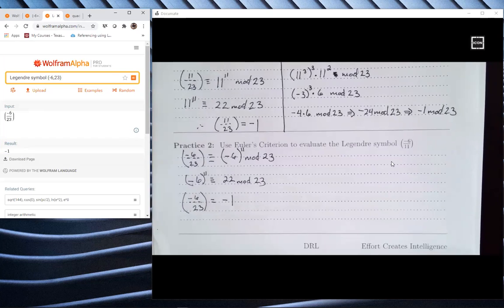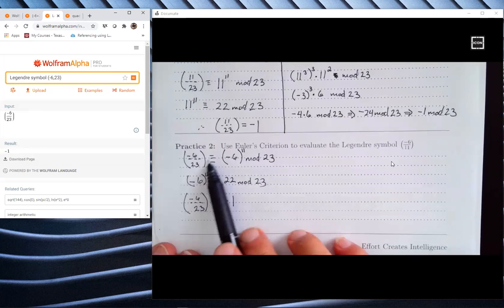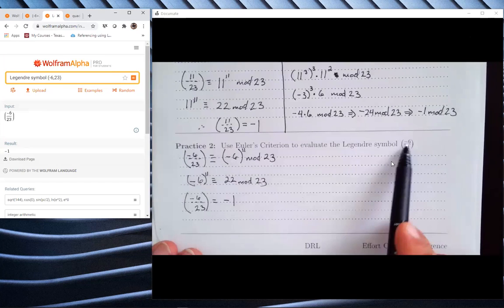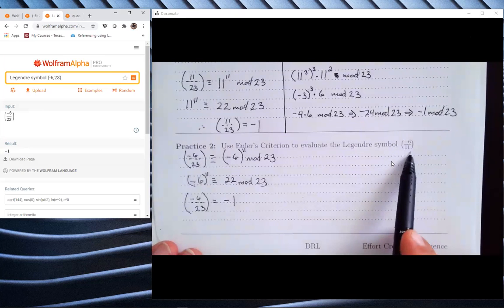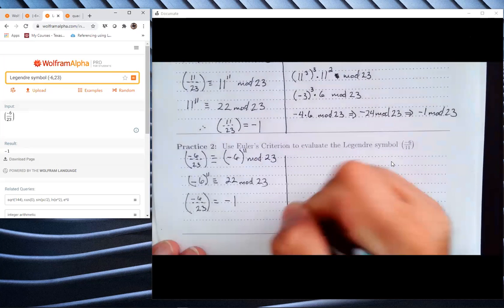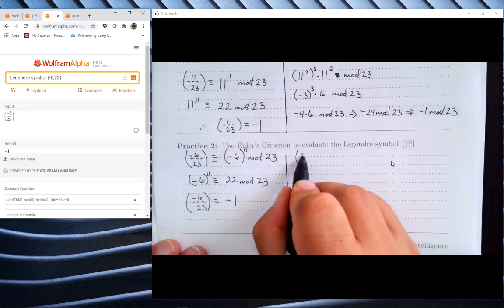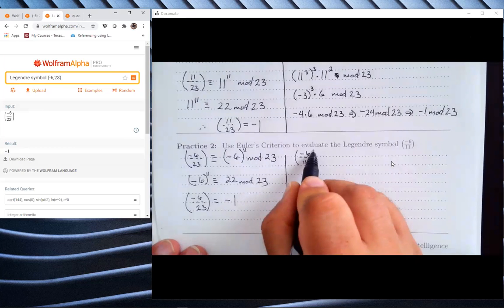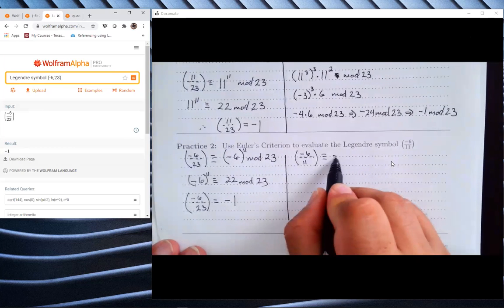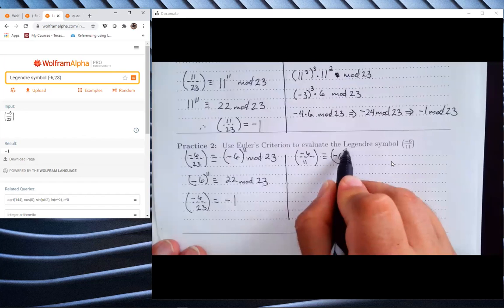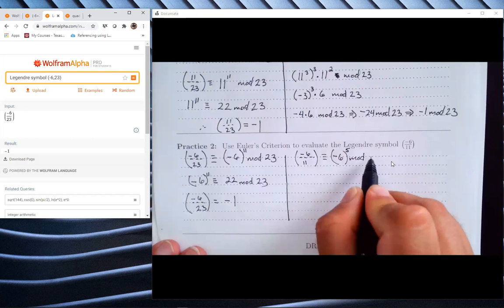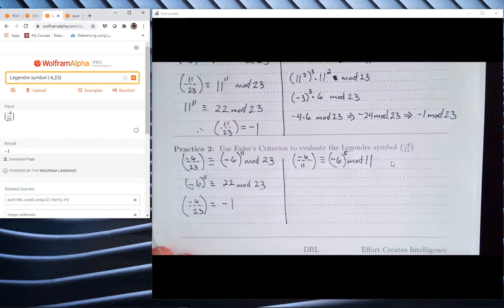Now, what I've just noticed is that in this work, we were actually asked to find the Legendre symbol of -6 modulo 11. I was looking at this 23 previously, so my apologies. The Legendre symbol of -6 modulo 11 would be equivalent to -6 raised to the 5th power modulo 11. That was my mistake.